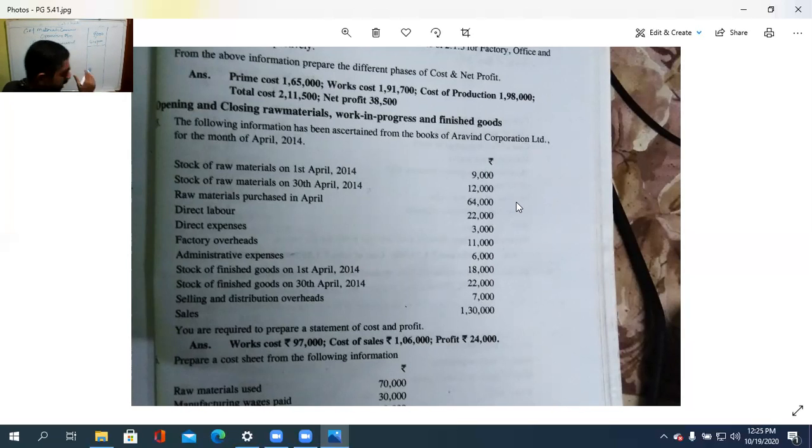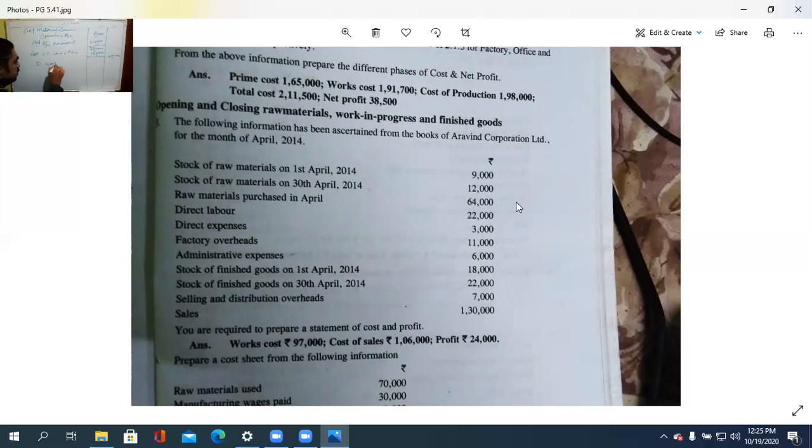So 64 plus 9, 73,000. Less closing stock of RM, how much it is? 12,000. So 61,000. 61 plus 9, 71 plus 2, 73. This is the cost of materials consumed.